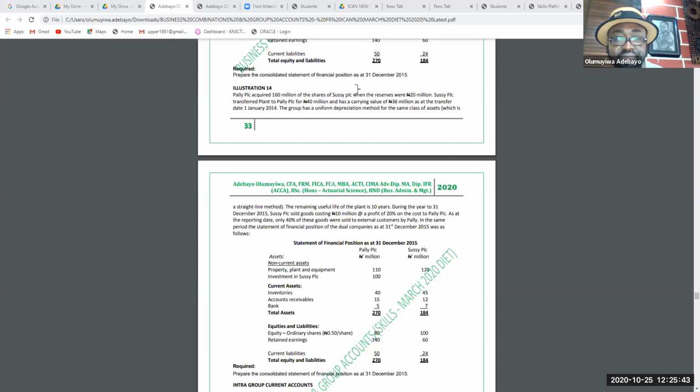Who else? Sir. Yes, ma'am. From my understanding, I think since it was the subsidiary that was making the transaction, we might have to share the profits or anything that is accruing to them between the parent and the NCI holders. Okay. Who else again?